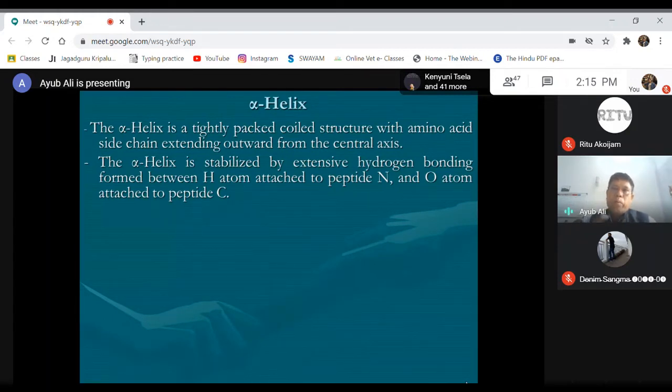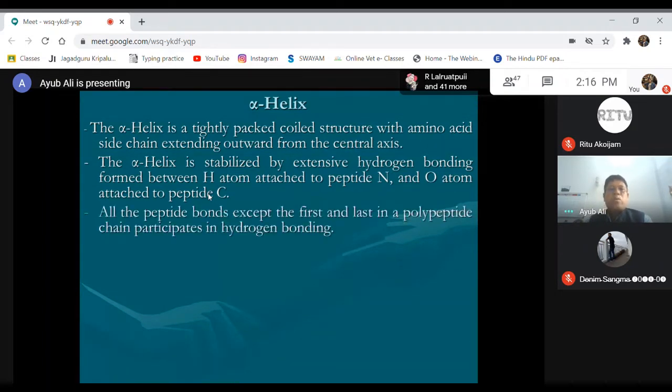If you see the backbone of the protein, it is the amino group nitrogen, then the alpha carbon, then the carboxyl group carbon, then comes the amino nitrogen again. The hydrogen is attached to the amino group, which is attached to the alpha carbon. This is the peptide nitrogen, and the oxygen atom is attached to the peptide carbon, that is the carboxyl group carbon. These are the two elements involved in the formation of hydrogen bonding.